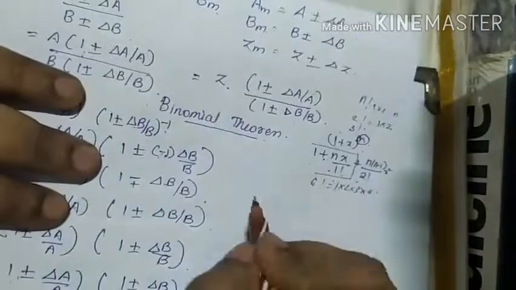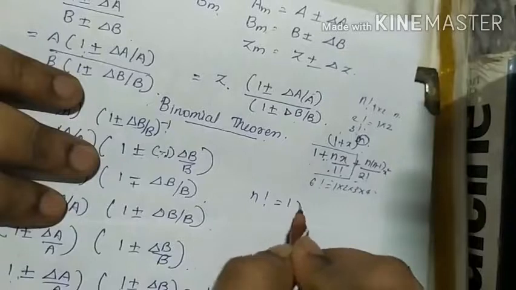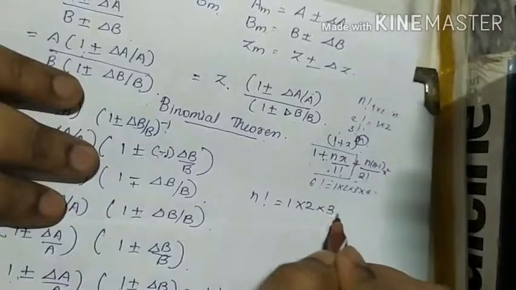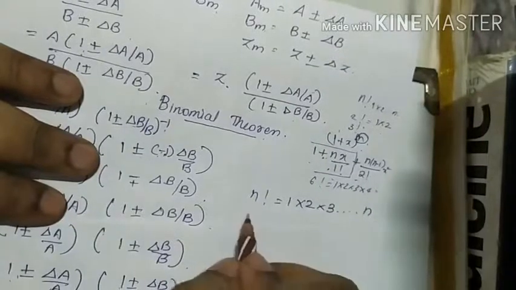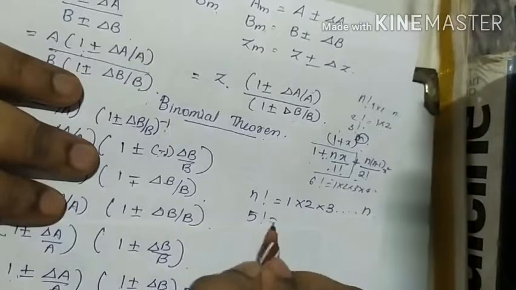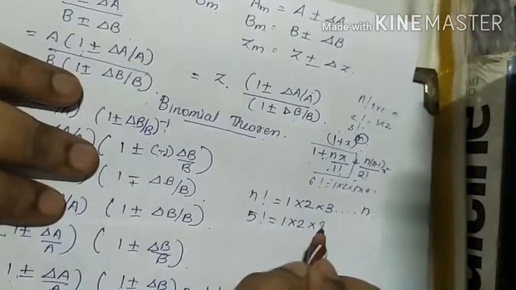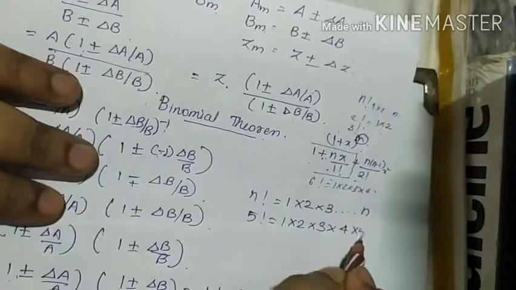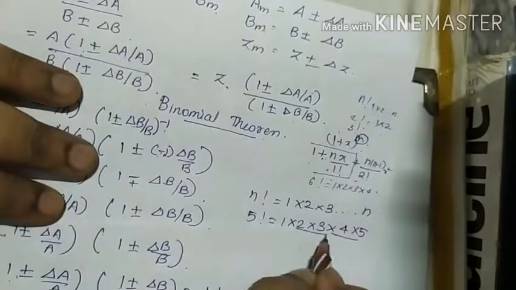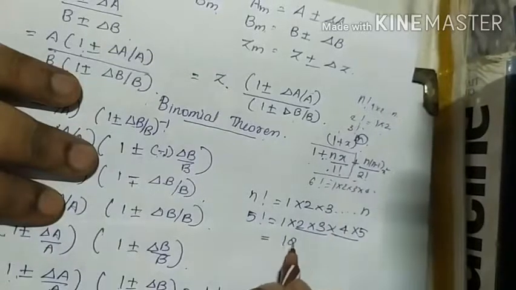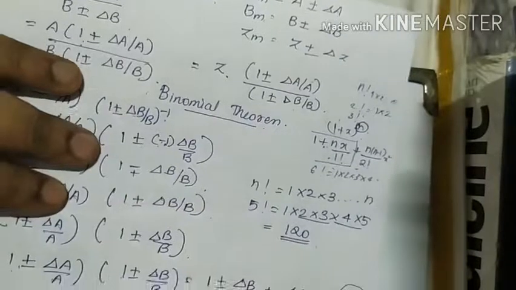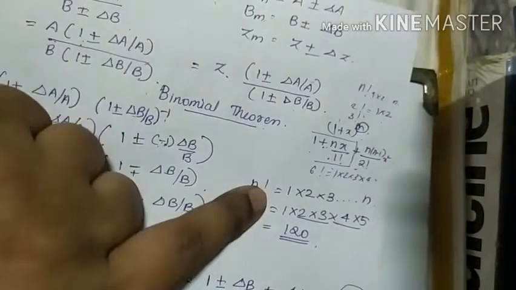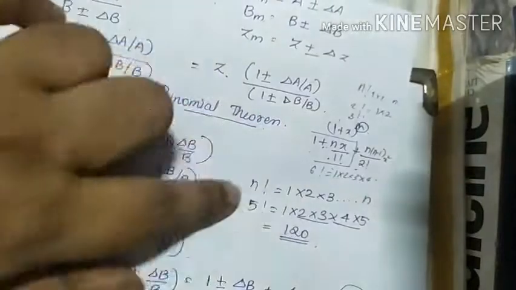N factorial value is 1 into 2 into 3 and so on till n. If you are asked what is 5 factorial, it is 1 into 2 into 3 into 4 into 5. You will get 20 and this is 6. So the answer will be 120. So this is how you find the factorial. This much clear? This is something which you will learn in maths.